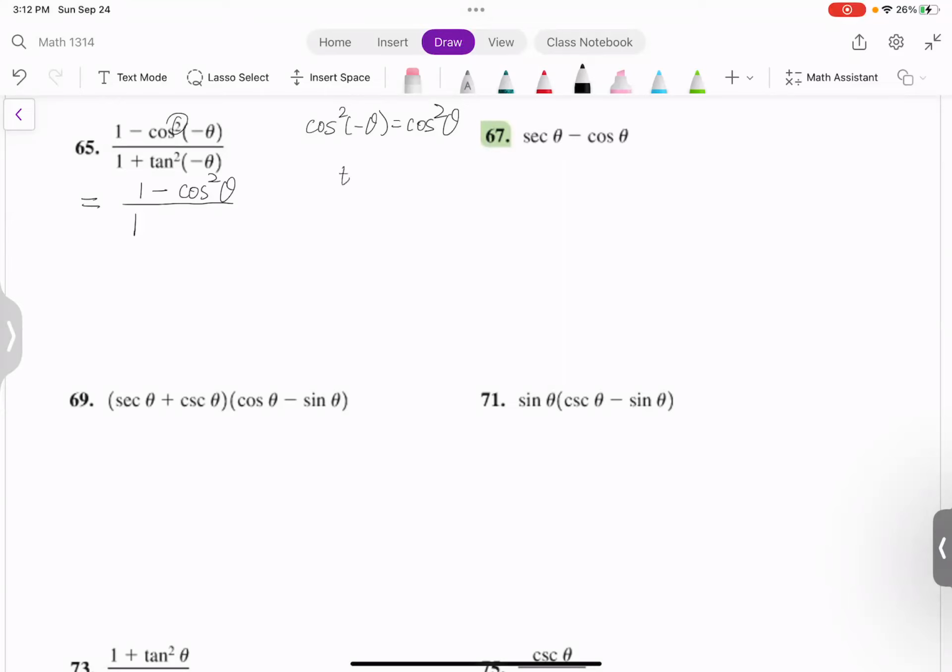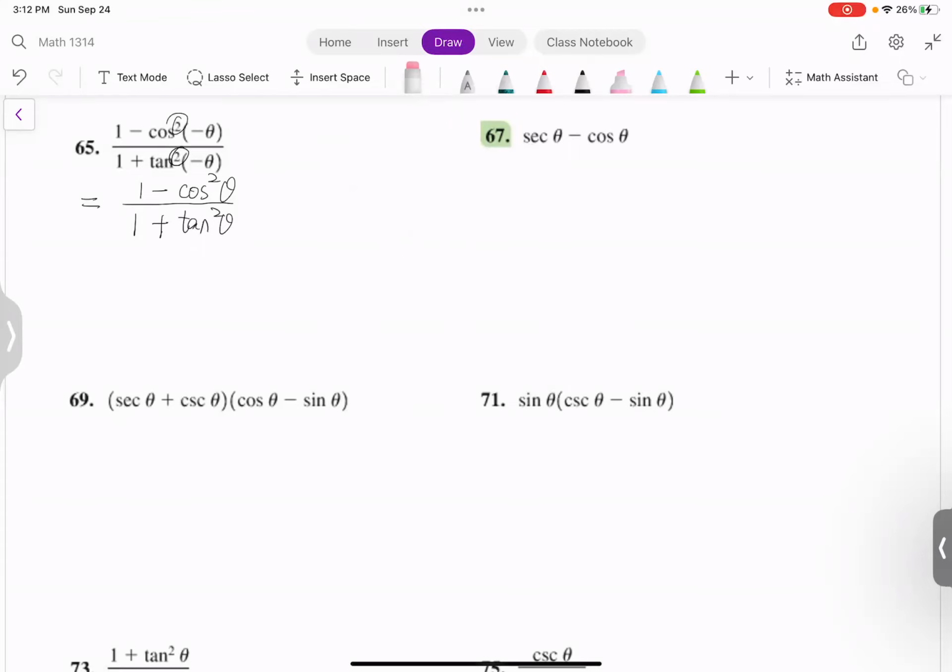Get rid of the negative in the angle first. Tangent negative theta equals negative tangent theta, and the squared means square all of them. So tangent negative theta squared equals negative squared, positive tangent theta squared. So this is plus tangent theta squared.